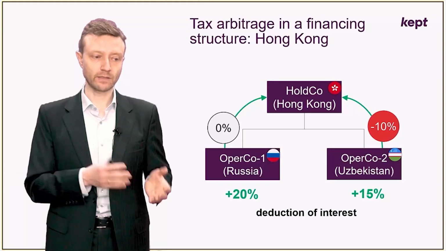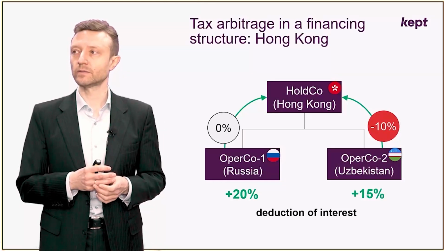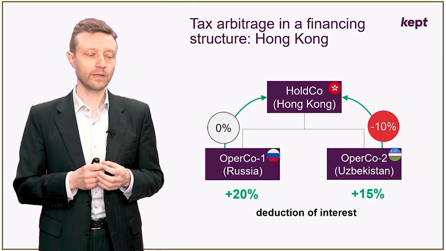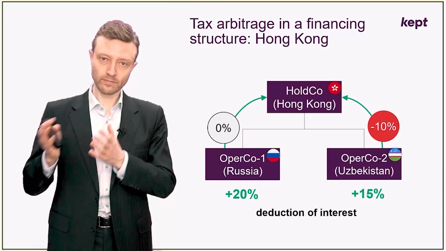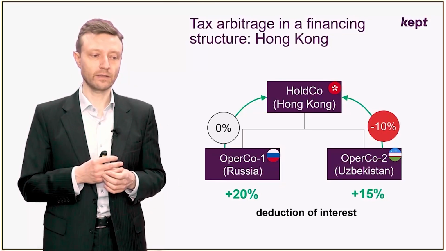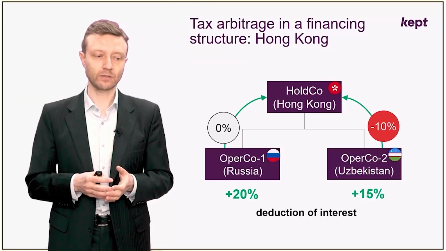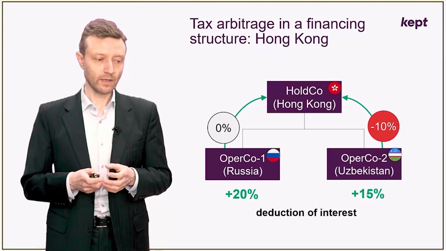Between Uzbekistan and Hong Kong, again, there is a double tax treaty, but anyway, there will be 10% withholding tax on payments from Uzbekistan to Hong Kong, because in Uzbekistan, interest withholding tax in the domestic law is the same as in most double tax treaties.